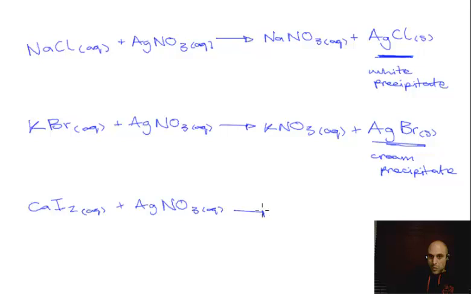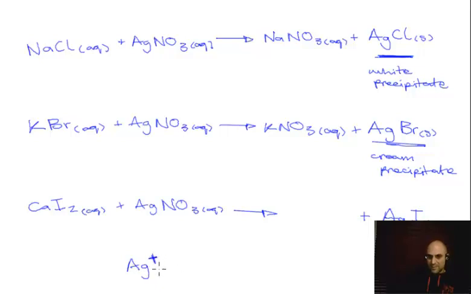Again, what will my precipitate be? Well, my precipitate again is going to be silver iodide, so s. This is my yellow precipitate. Now you see, silver ions have a charge of Ag minus.